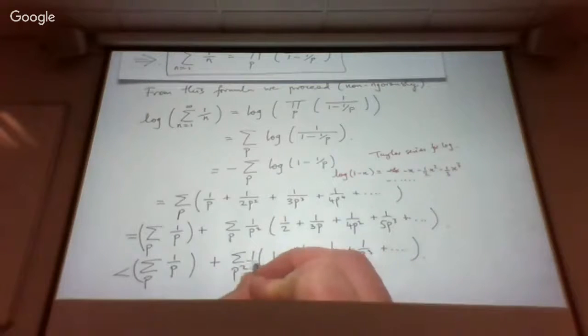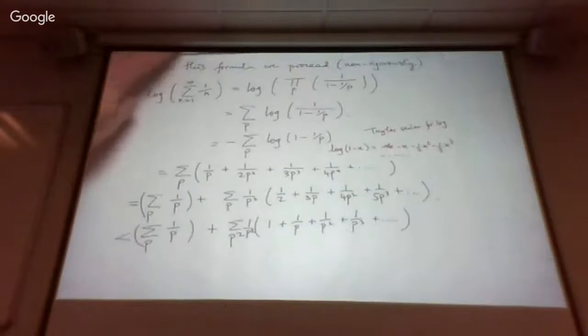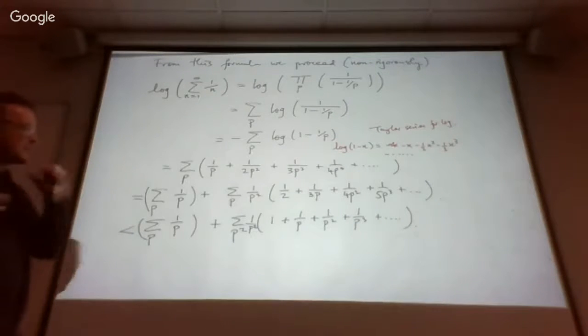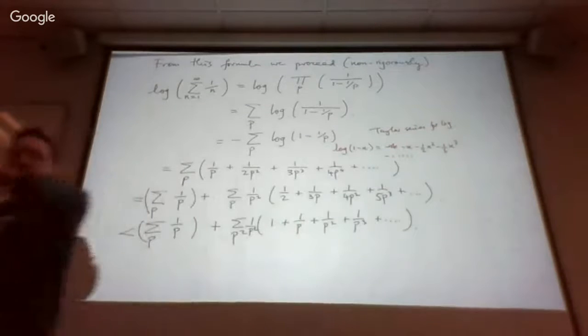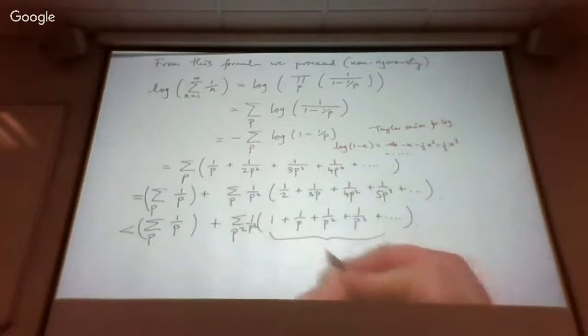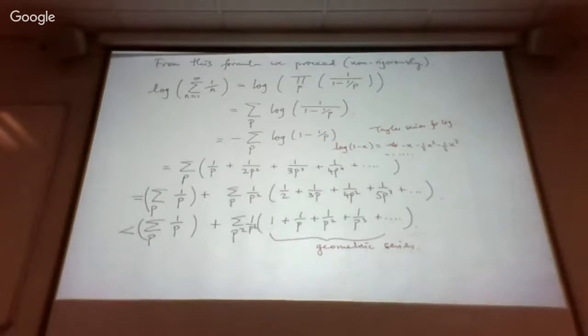Oh, there's this 1 over p squared here. That's the same one that was there. But that's our geometric series. A geometric series has a finite value, a over 1 minus r. So that's your 1 over 1 minus p again.